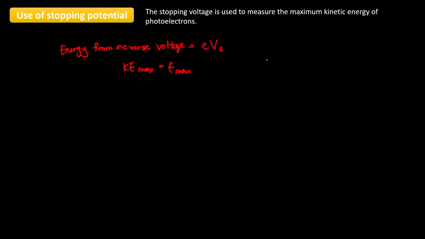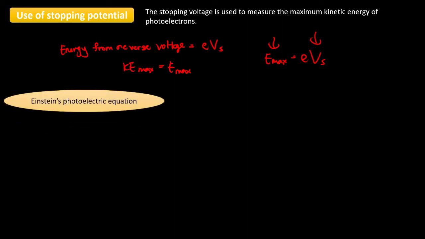In other words, your Emax is equal to eVs. So by determining Vs, you will know your maximum kinetic energy, because Vs is very easy to determine compared to the maximum kinetic energy, as it can be determined by measuring the voltage across the circuit.